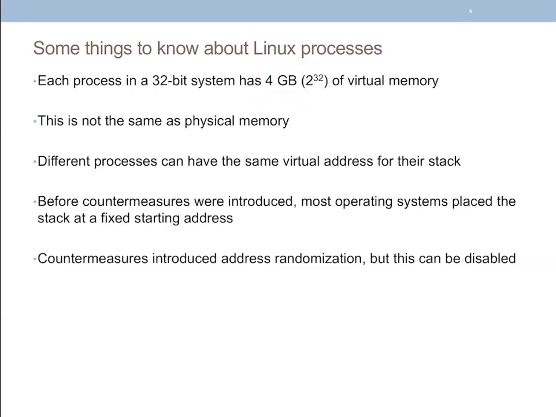So it's a lot smaller than it looks. So one thing that you might think we could do if we were performing a buffer overflow attack on the stack is try every address. And sure, that is a possibility. It might be something similar to what we do in the lab. But anyway, going back to this, each process has 4 gigabytes of virtual memory.